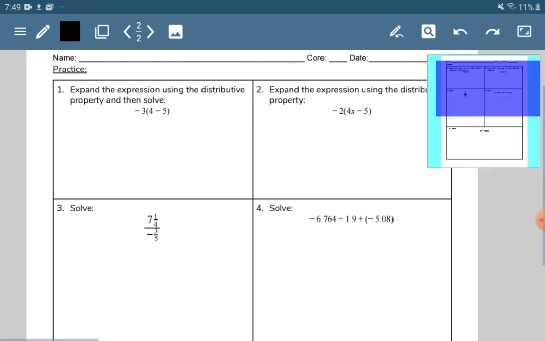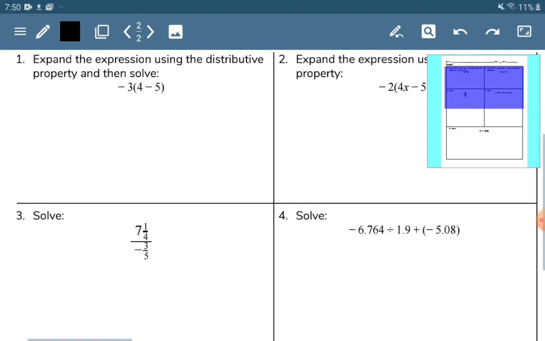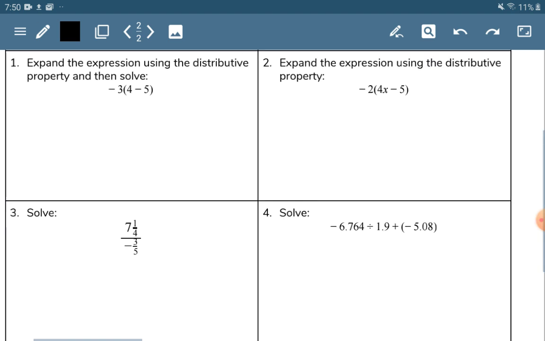And the first bit of practice we're going to do is with distributive property. So our first example there says to expand the expression using the distributive property and then solve. What that means is I'm actually going to take this outside number and multiply it by each of the inside numbers. So I'm going to take -3 and I'm going to multiply it by 4.